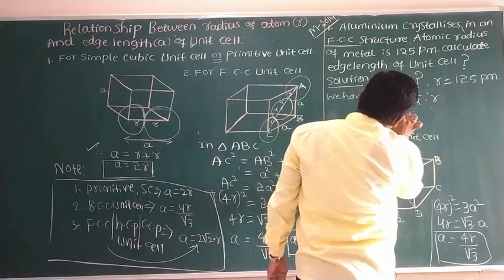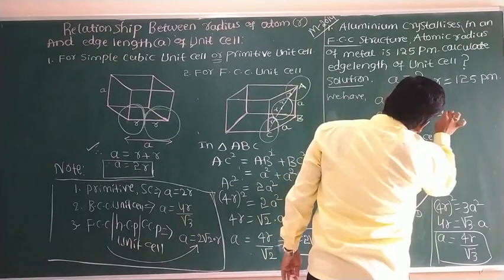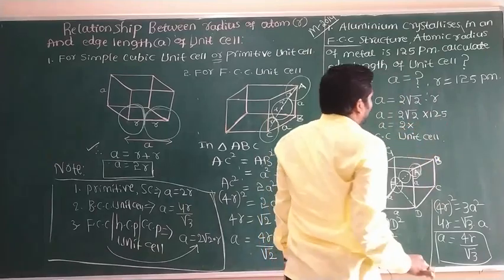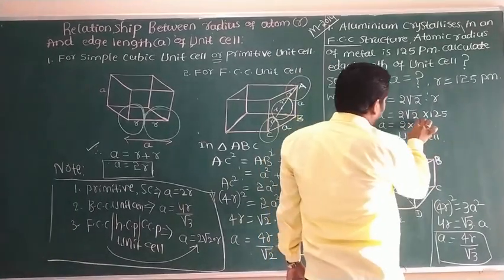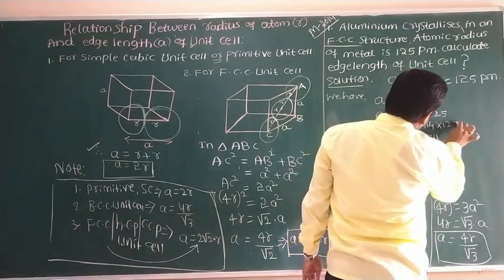Therefore, A equals 2 root 2 into 125. Therefore, A equals 2 into the value of root 2, root 2 equals 1.414, into 125.